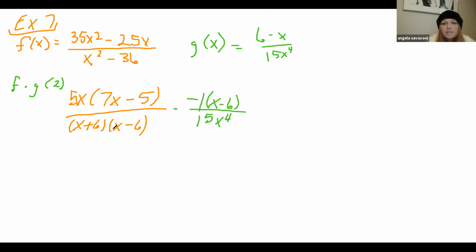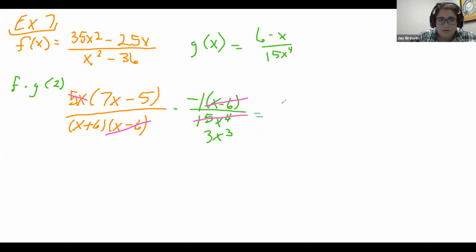The x minus 6's. And then if you notice, we can also cancel the 5x with the 15x to the 4th, and we're going to end up with a 3x cubed.